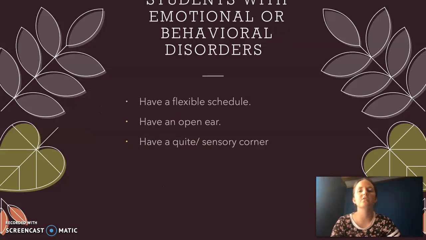For students with emotional or behavioral disorders, be very flexible in their schedule. Have an open ear, like when they need to talk, let them talk. It could help them. It could help you understand where they're coming from, understand their behaviors.